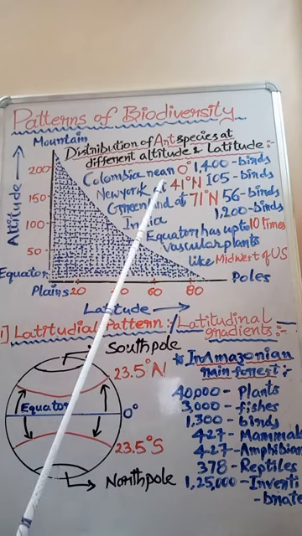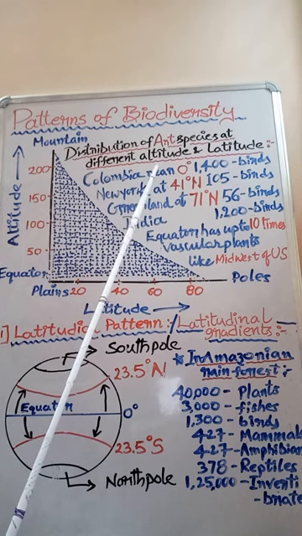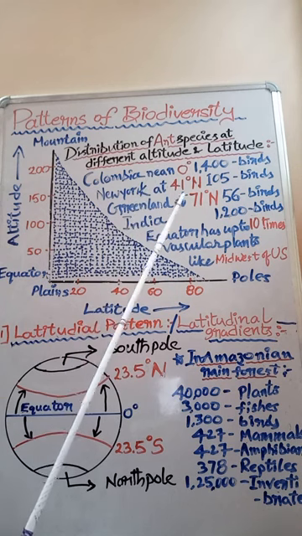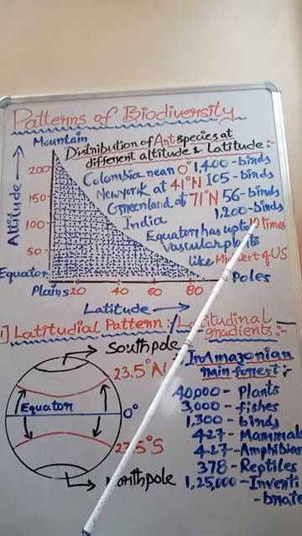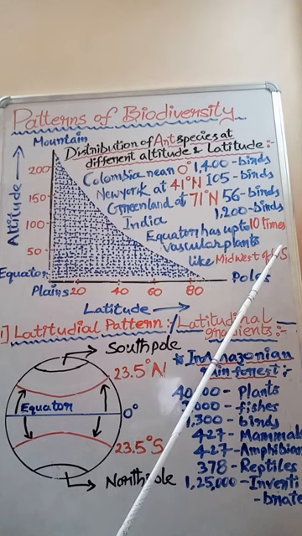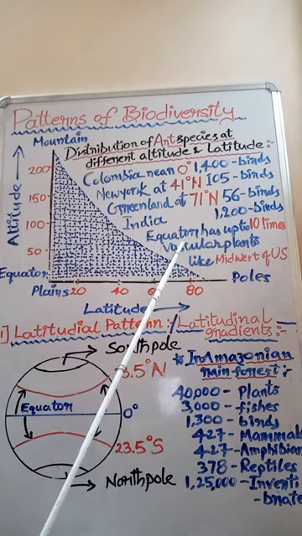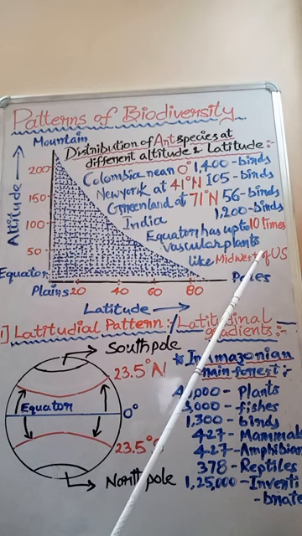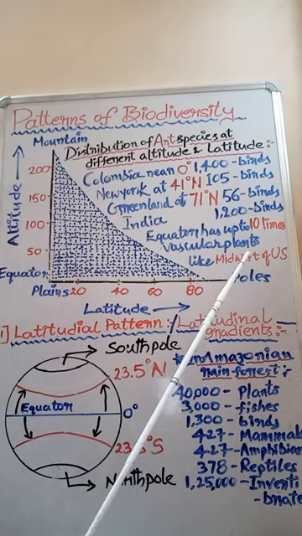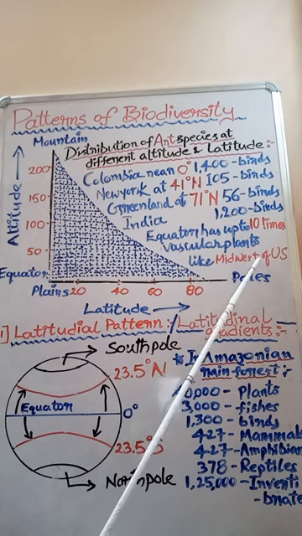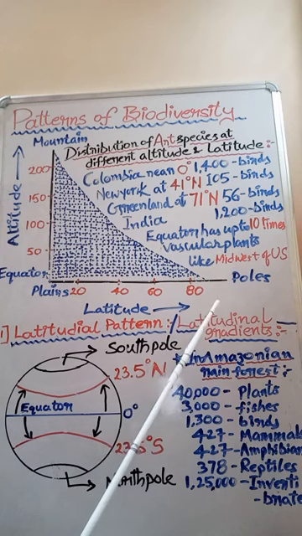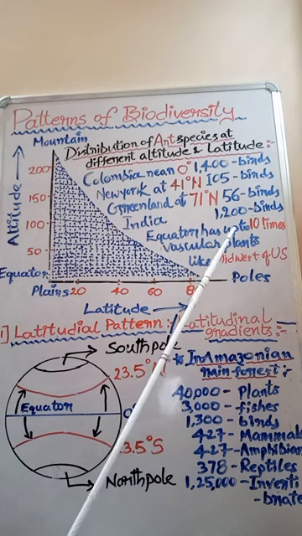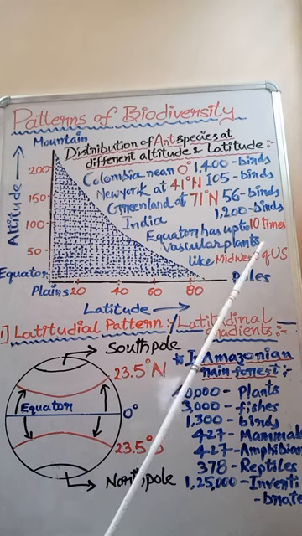So here, what the concept explains to us is that a forest in a tropical region like the equator has up to 10 times as many species of vascular plants. It means they possess true vascular tissues like xylem and phloem for transportation of water and food materials respectively, as a forest of equal area in a temperate region like the Midwest of USA.